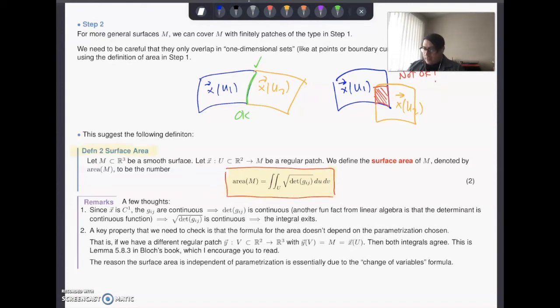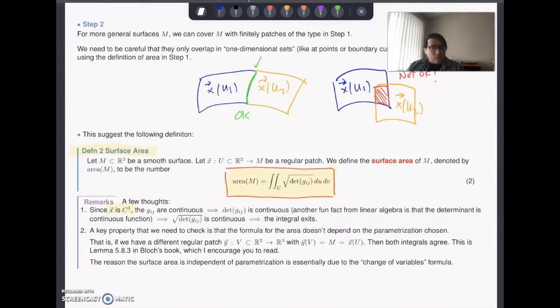Again, these are surfaces inside of R3. All right, a few quick remarks. As long as our patch is C1, that's going to tell us that these GIJs, which remember are the partial derivatives of x with respect to the variables u and v, if we do dot products, that's still continuous. And the determinant is a continuous function of a matrix, so that will remain continuous.